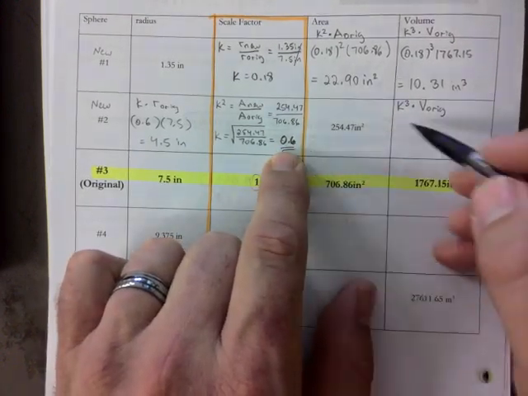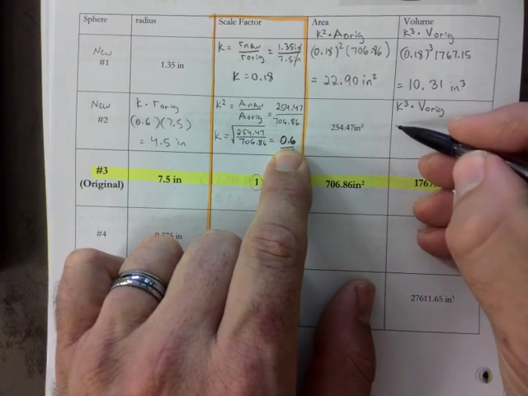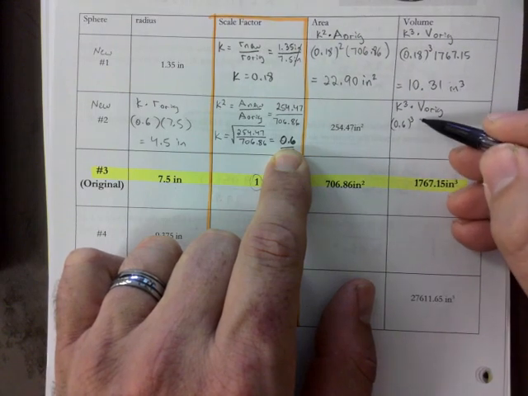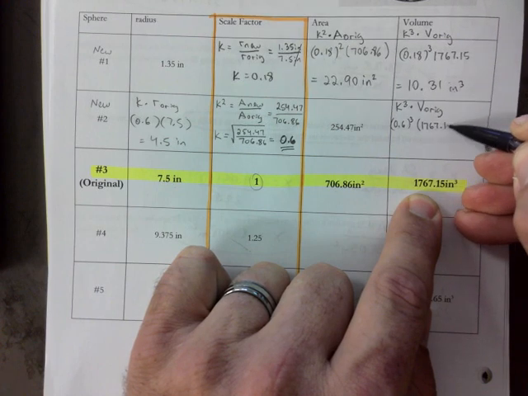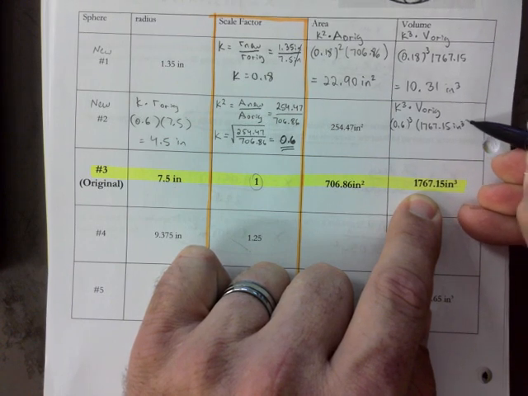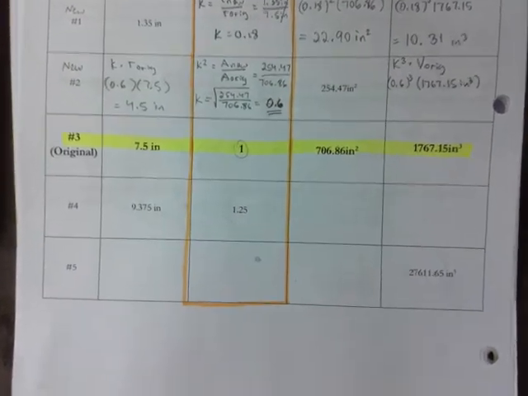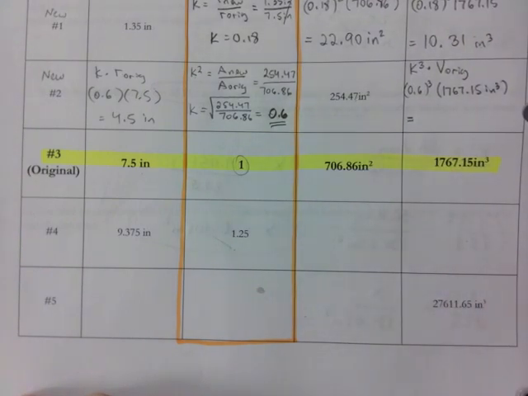So my K is 6 over 10, or 0.6, times the volume of the original, in inches cubed. So my answer is going to be in cubed inches as well. And so here we go.